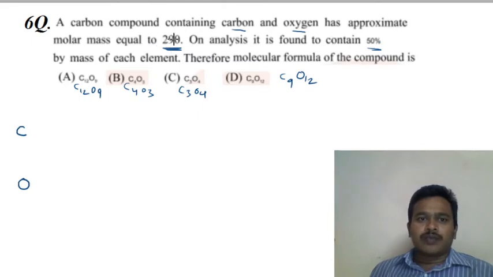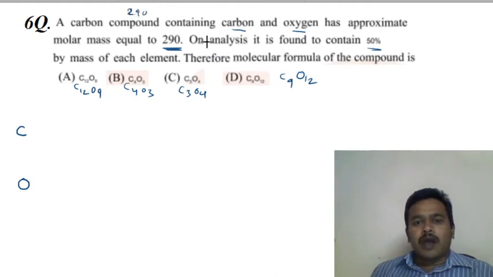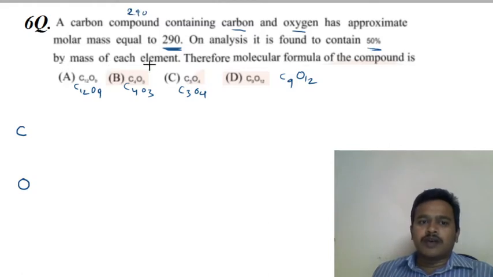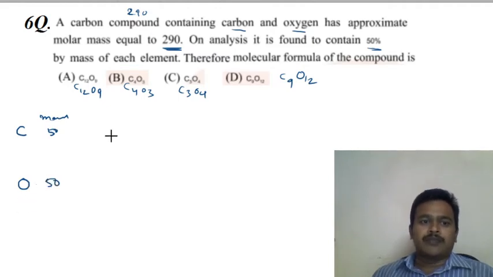This is the molar mass of the carbon compound, 290. On analysis, it is found to contain 50% by mass of each element. Carbon is 50% and oxygen is also 50% by mass.